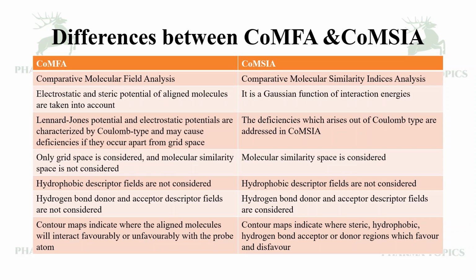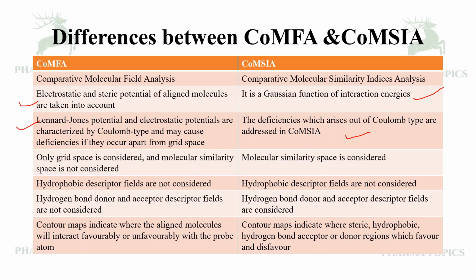The electrostatic and steric potential of ligand aligned molecules are taken into account, whereas in CoMSIA, it is a Gaussian function of interaction energies. The Lennard-Jones potential and electrostatic potentials are characterized by Coulomb type and may cause deficiencies if they occur apart from a grid space. The deficiencies which arise out of Coulomb type are addressed by CoMSIA.